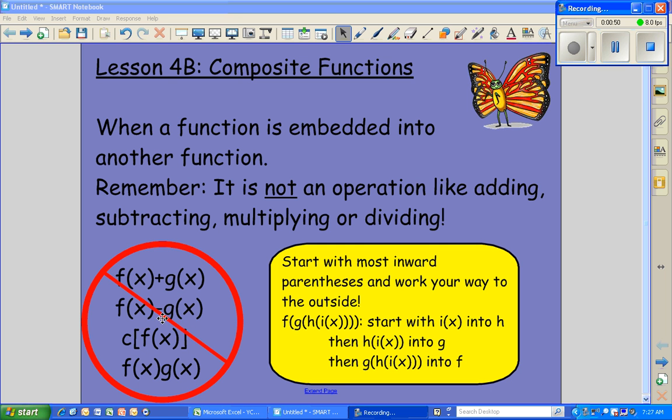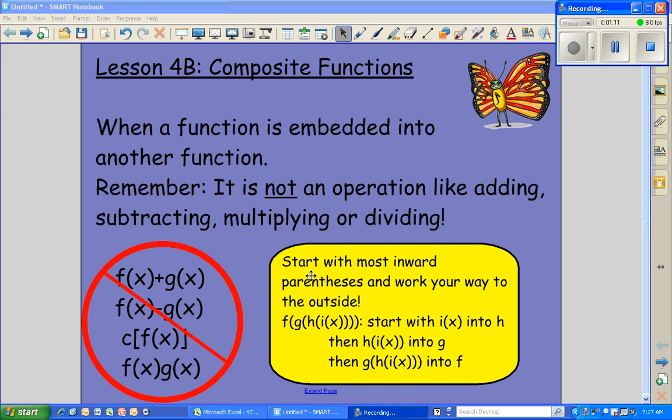Subtraction, same way. Constant times a function. You've closed the parentheses that opened up f of x. In the multiplication, you have f of x, you close the parenthesis, and you want to multiply that with g of x, and you close the parenthesis. So those are operation functions.